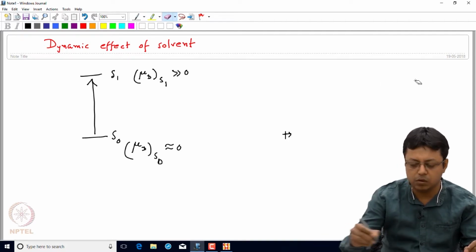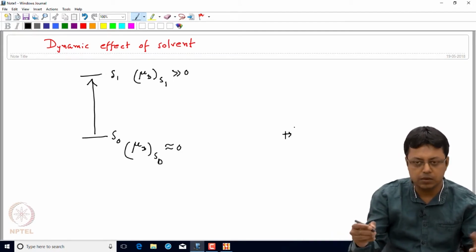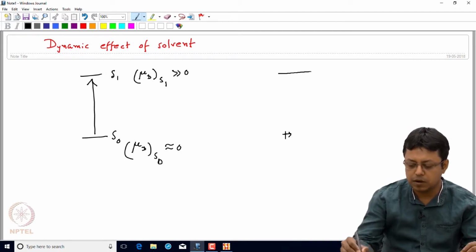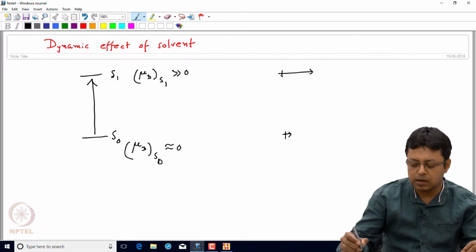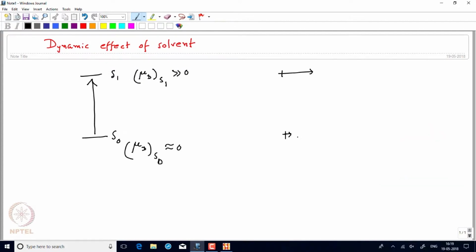This is most likely the old convention of the dipole moment, and this convention we can use just for our purpose. So from ground to excited state, as you can see, the dipole moment was very small in the ground state, and in the excited state we have a huge dipole moment, or we can show it as a very small charge redistribution.